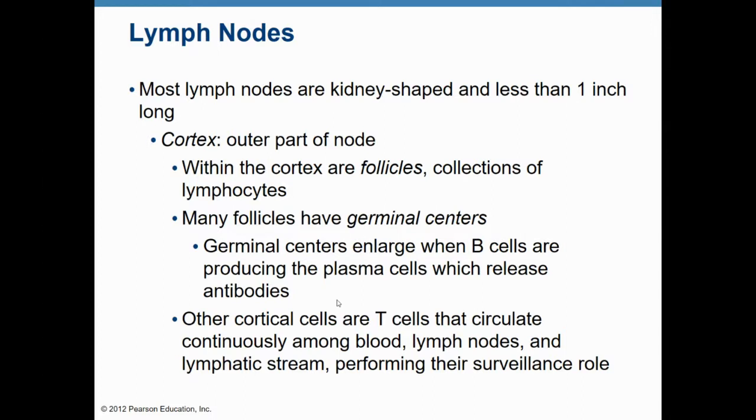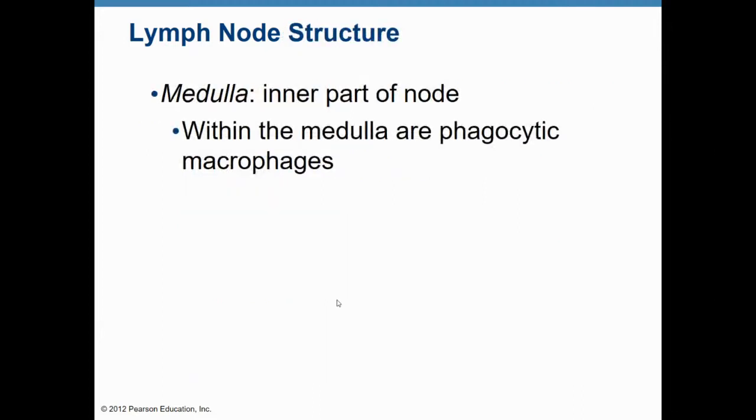And so they're more mobile, right? They're going to move throughout your blood, your lymphatic stream, and your tissue spaces, because they're actually seeking out their specific foreign invader. Whereas the B cells kind of wait for it to come to them, the T cells are kind of on the hunt for things that don't belong.